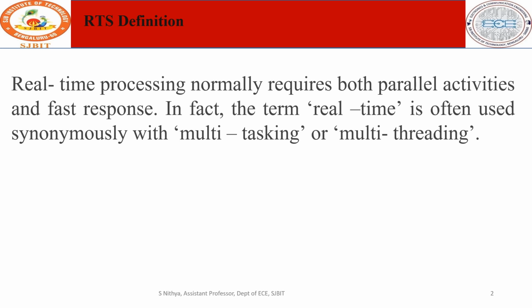You know the difference between threading and a task. In real time, multiple tasks take place at the same time, so multiple executions need to be performed simultaneously, and the output must be produced without any delay. This is real-time processing.